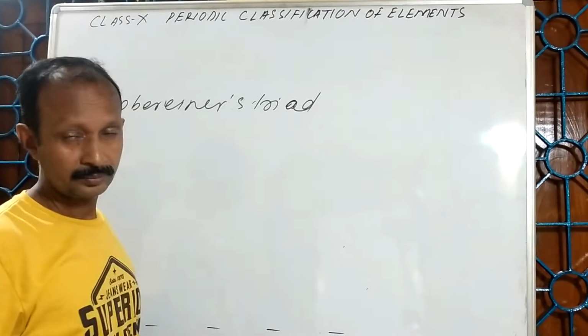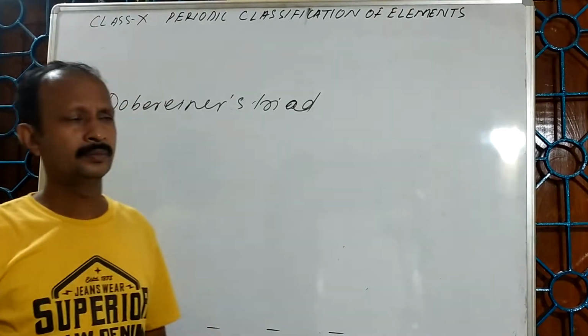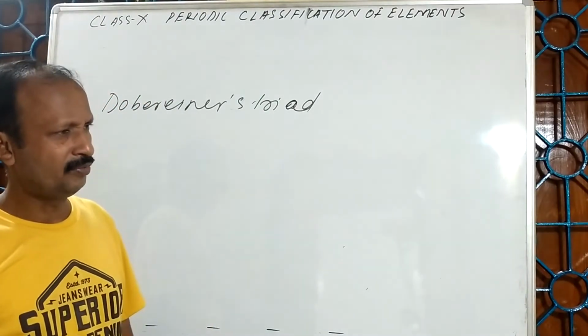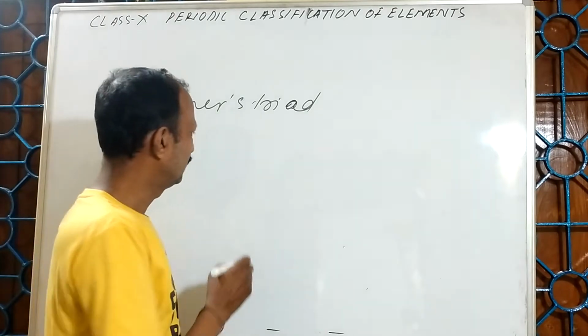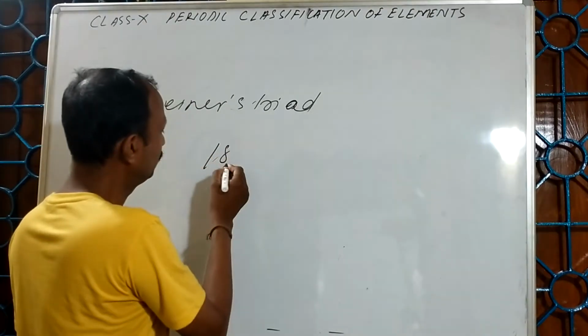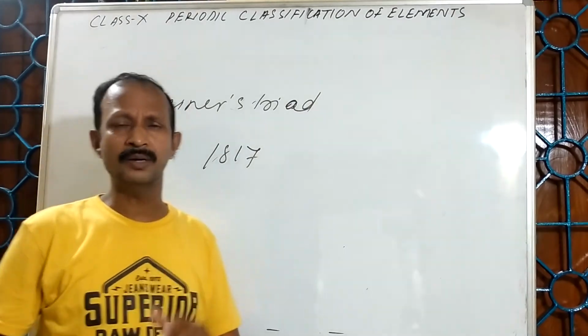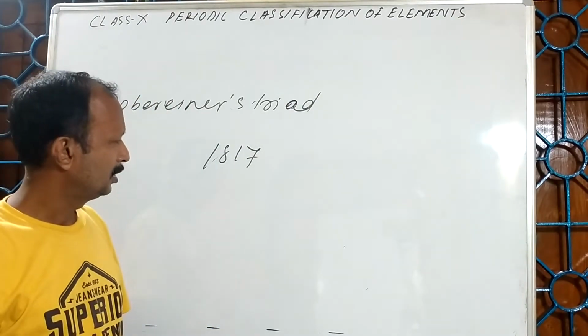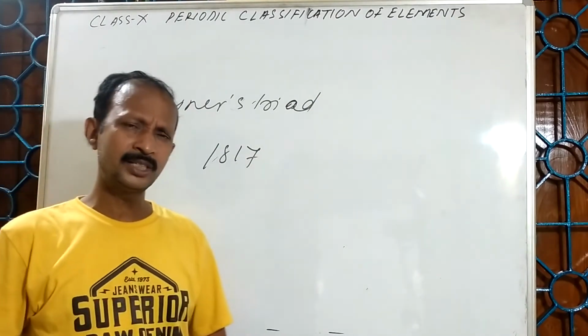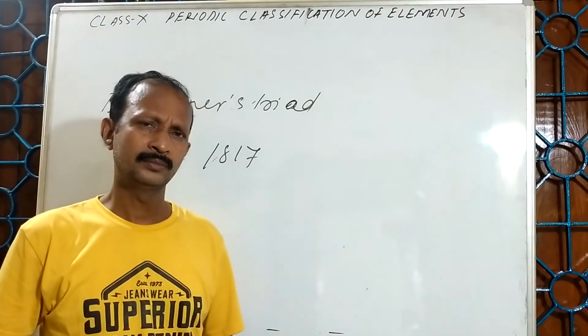See here, it is the matter of 1870 when almost 30 elements were discovered.